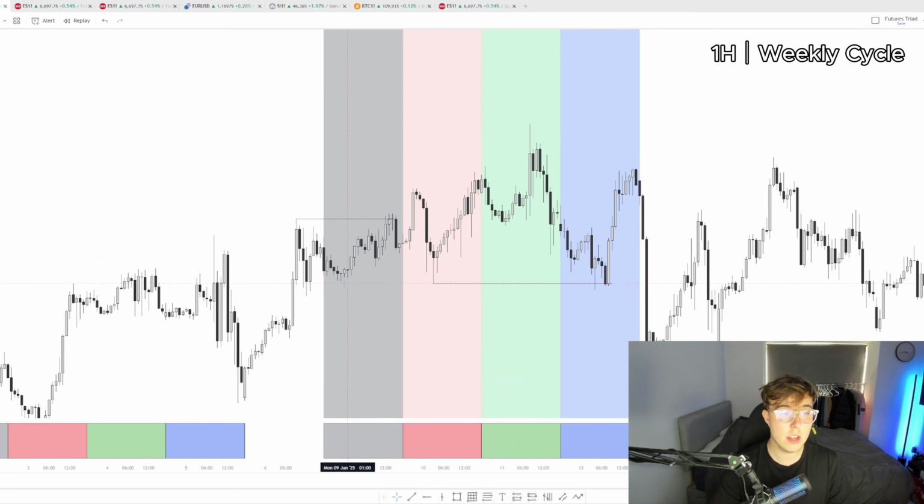However, whenever we get an accumulation on Monday during Q1 and then manipulation during Q2, that is when you get that classic buy or sell candle, essentially. Because the manipulation occurs pretty early on within the candle, that wick is put in, and then Q3 is the bulk of the candle, and potentially Q4 as well.